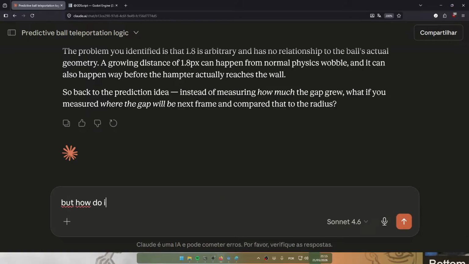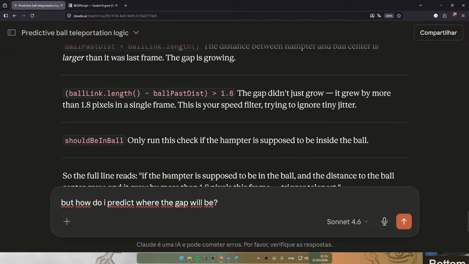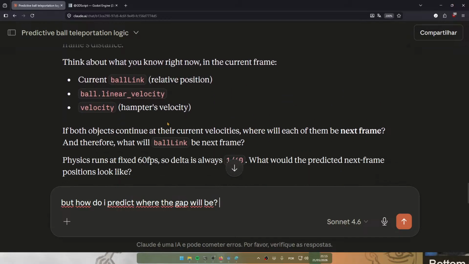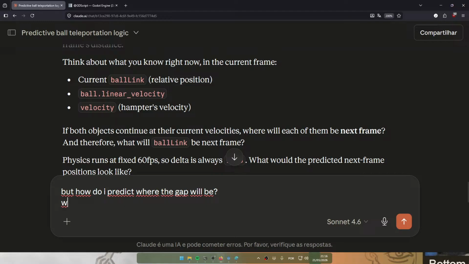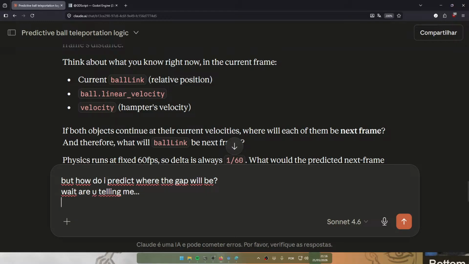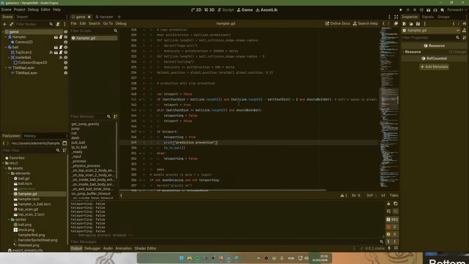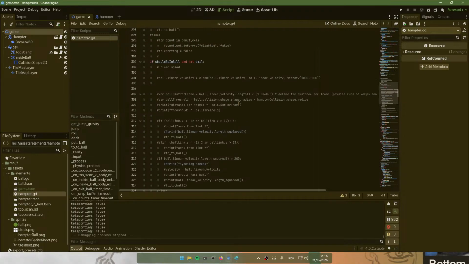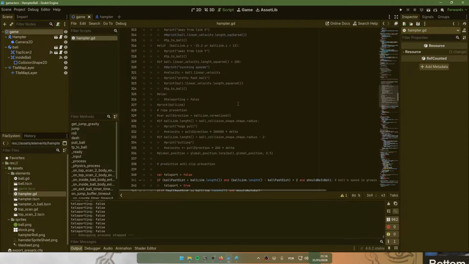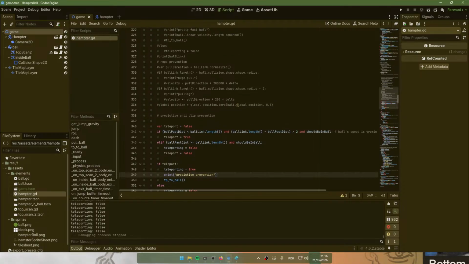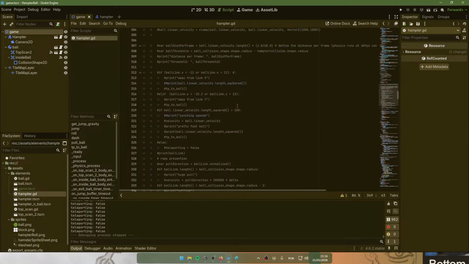But how do I predict where the gap will be? Oh, I'll calculate both velocities. Is that why he told me about the... Shit, man. Oh, I gotta do a whole yoga thing, man. I gotta get the velocity. Are you telling me I calculate both of their velocities with... What was the calculus? The calculation, whatever. I don't remember, y'all. There was another thing here.